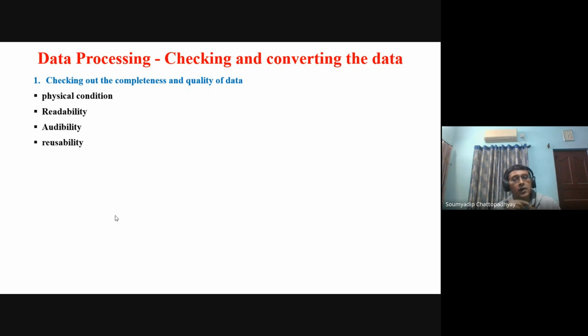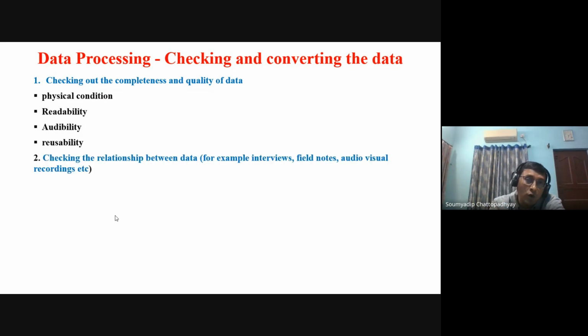That means when you are conducting any interview, you need to keep in mind the importance of readability, audibility, reusability, and the physical condition of the data. Because if you are satisfied with checking these issues, then there is a high possibility that the data you are collecting are complete and of good quality.